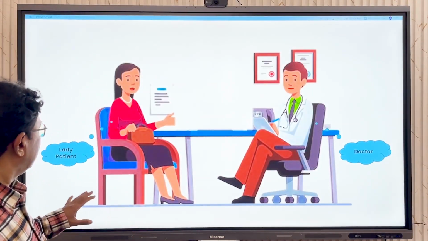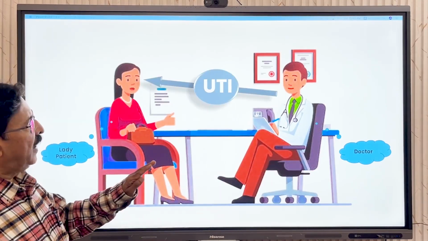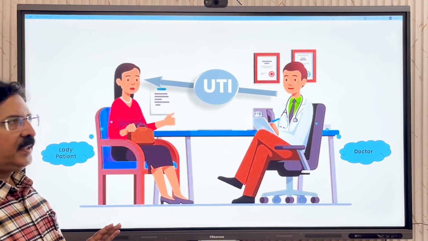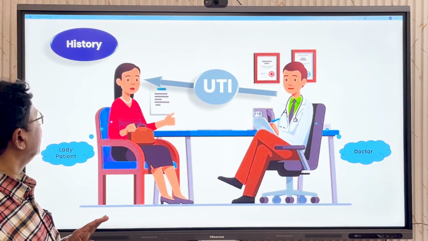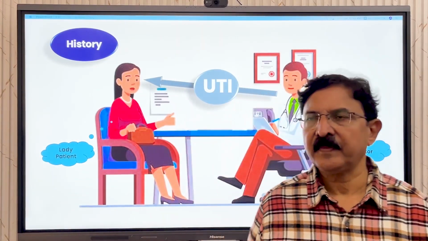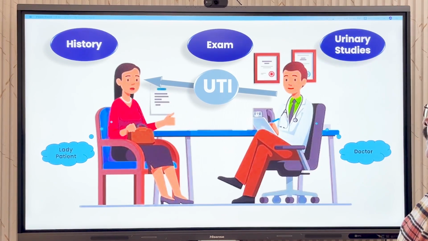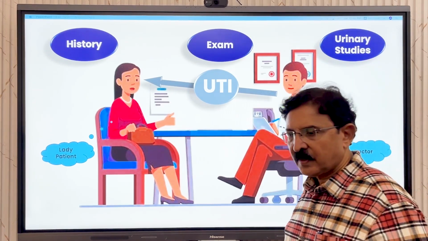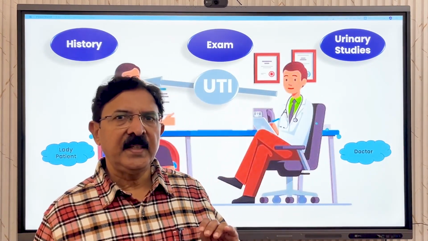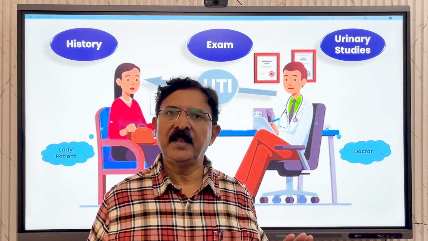When this lady visits us in our busy OPD, before we say that she has urinary tract infection, the methods that we use for this are history taking, examination of the patient, and some urinary studies. So for meeting our three objectives of diagnosis, you have three clinical methods.